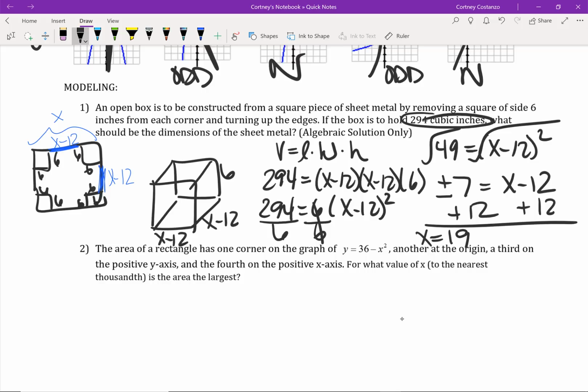My other one is negative 7 plus 12, which is positive 5. Now I have to think about which answer makes the most sense. If my original dimension is x and I'm subtracting 12 from it, I can't subtract 12 from 5. That would give me a negative result. The only one that's long enough is 19.